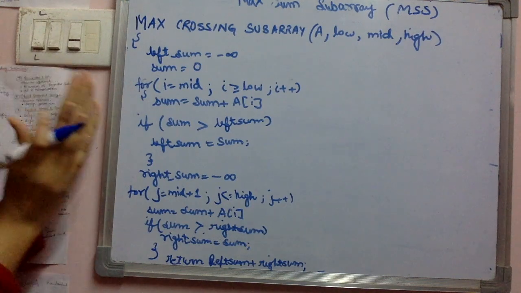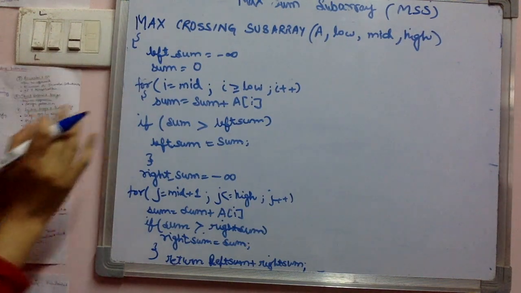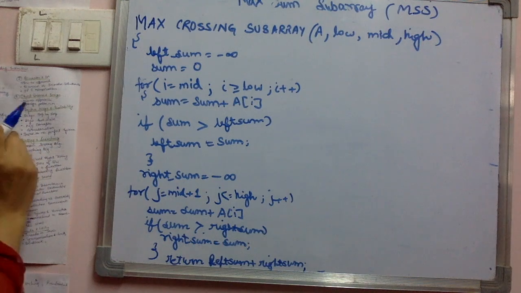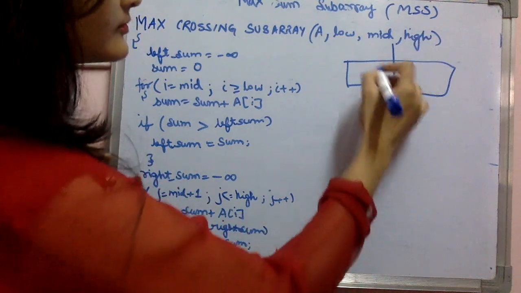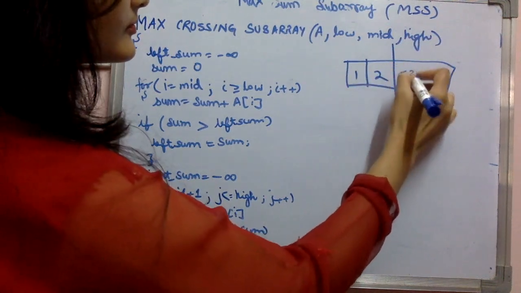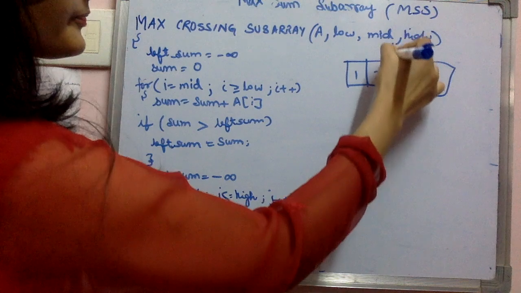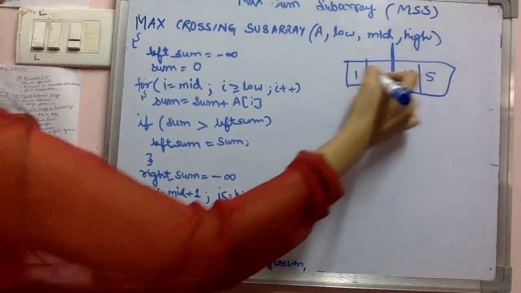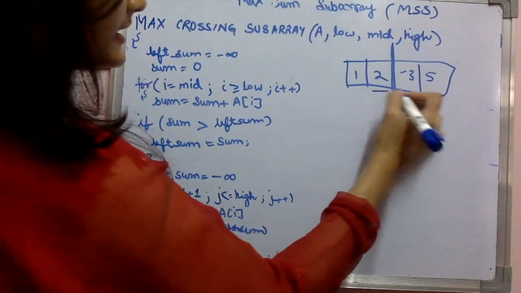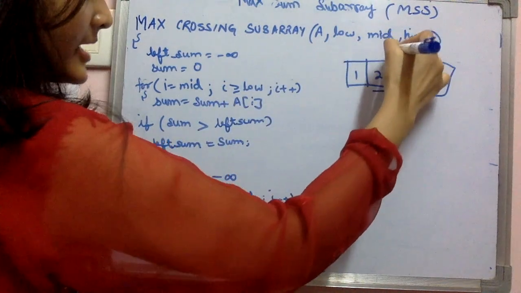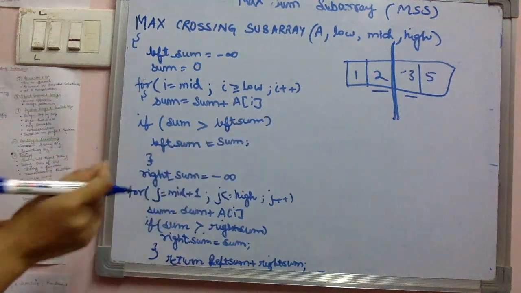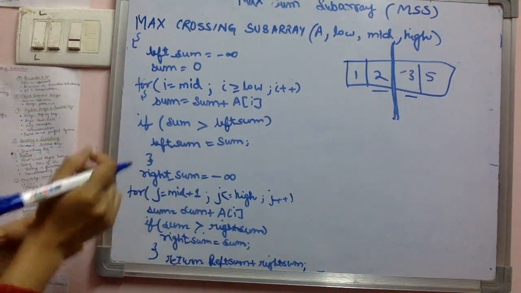So guys, this is the algorithm to find the maximum subarray which is crossing the midpoint. We are going to find the MSS which is crossing this midpoint, so it has to compulsorily take both these elements. And now the MSS which is crossing is itself composed of two more subarrays.